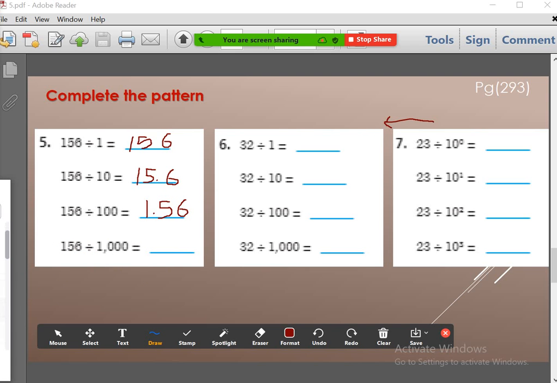So I have here 3 zeros, so I will move the decimal point 3 digits into the left side, so it will be beside 1. So the answer will be 0.156 thousand. Now number 6, I want to divide 32 on 1, so it will be 32 as I said.